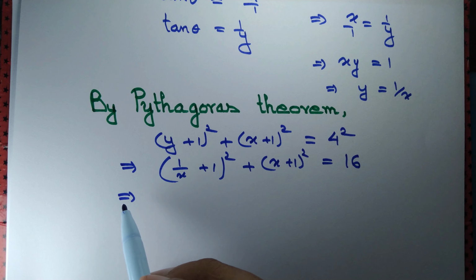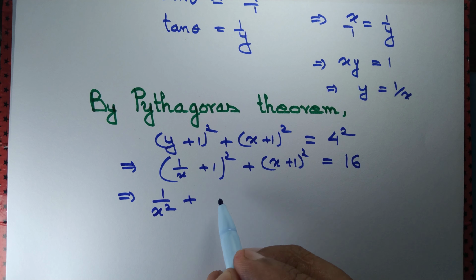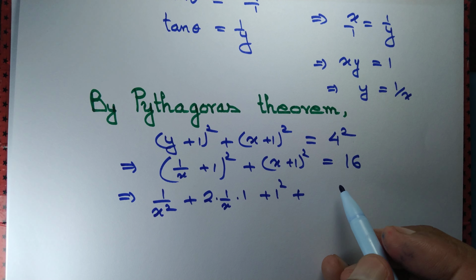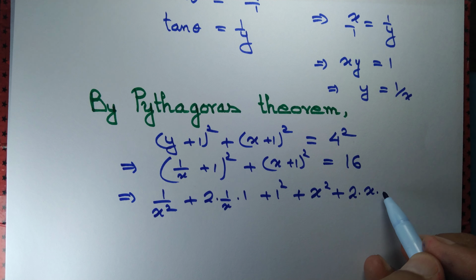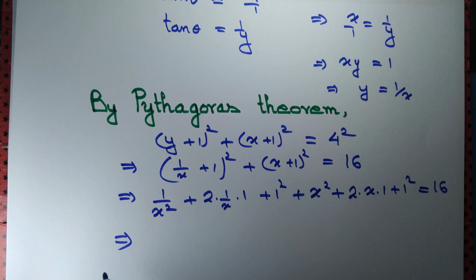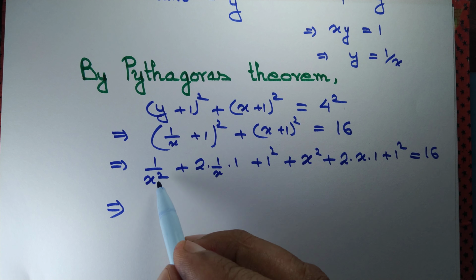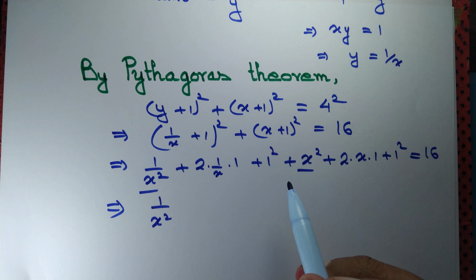Let's expand it. We know the formula for (a plus b) whole square, that's equal to a square plus 2 into a into b plus b square. Once again, we know the formula for (a plus b) whole square. That's equal to 16. Now, we see that we can write it a bit differently: x square and 1 by x square, and then 1 square plus 1 square is 2.